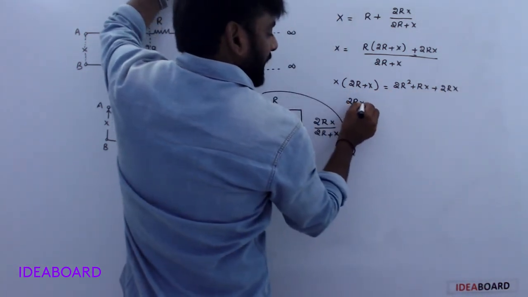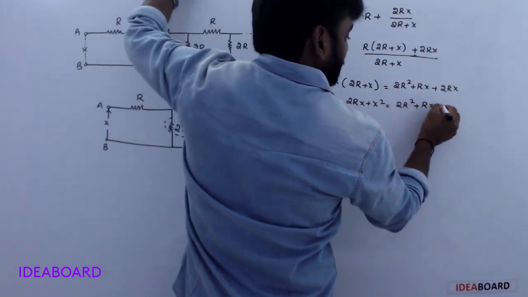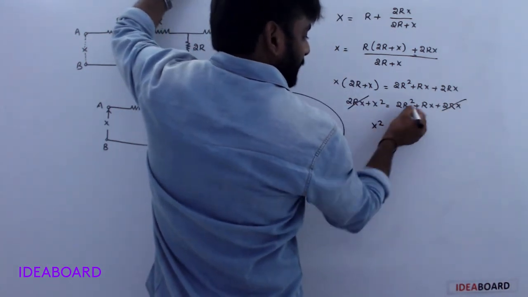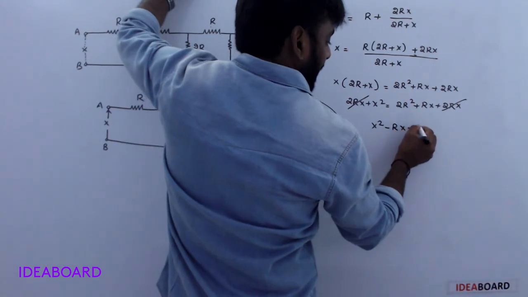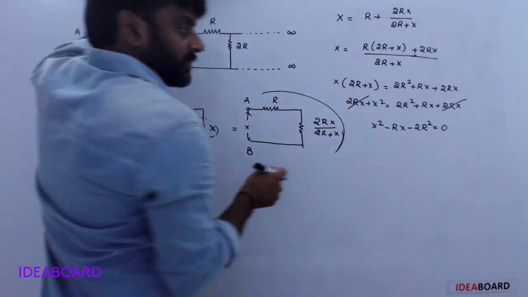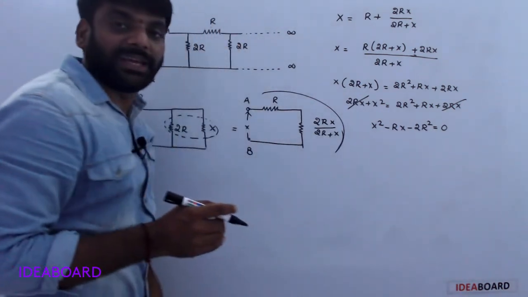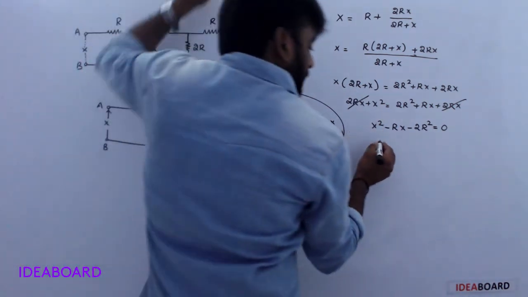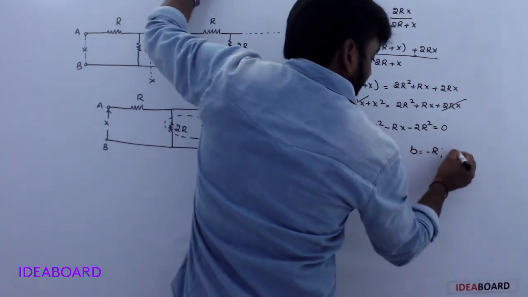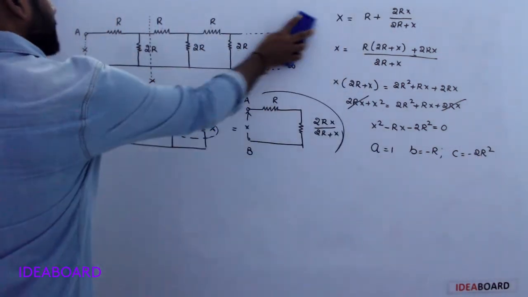Here 2Rx plus x square equals 2R square plus Rx plus 2Rx. 2Rx cancels, and taking x square this side: x square minus Rx minus 2R square is equal to 0. It is in the form ax square plus bx plus c equal to 0. That means here a value is 1, b value is minus R, c value is minus 2R square.